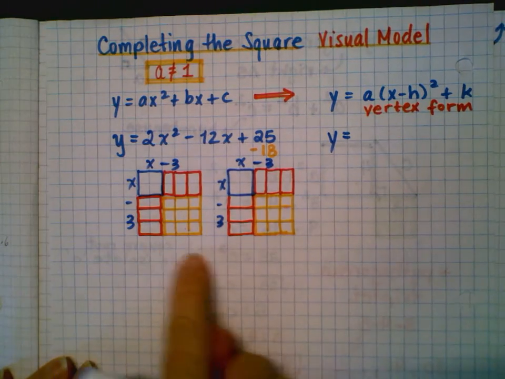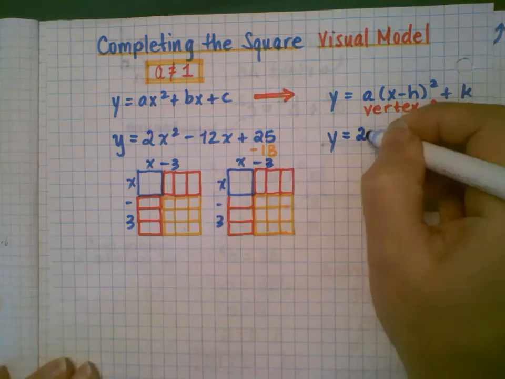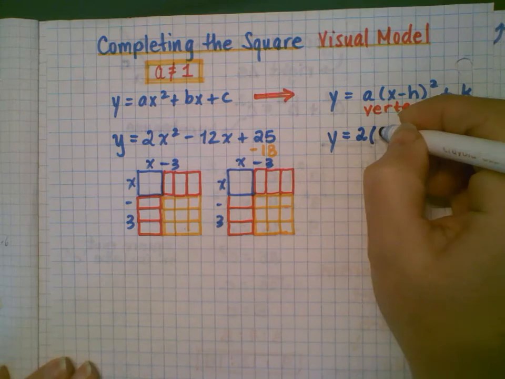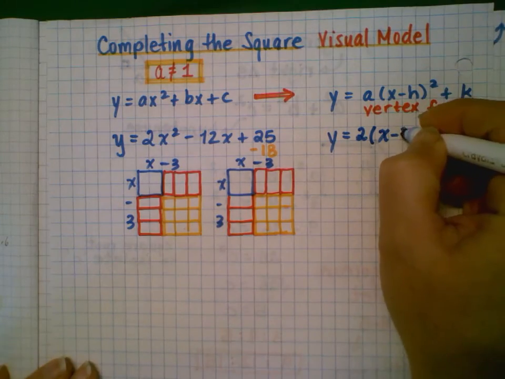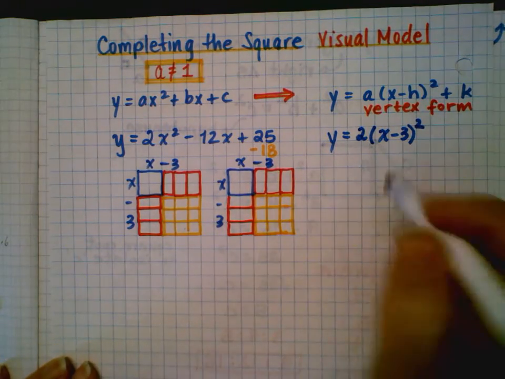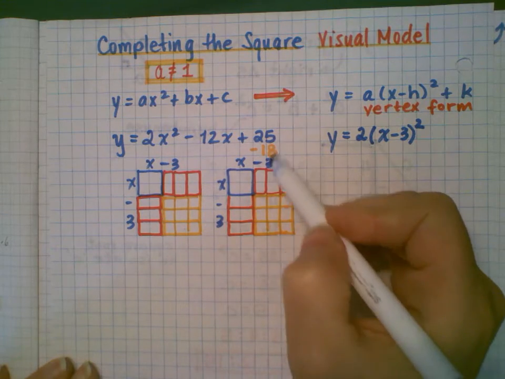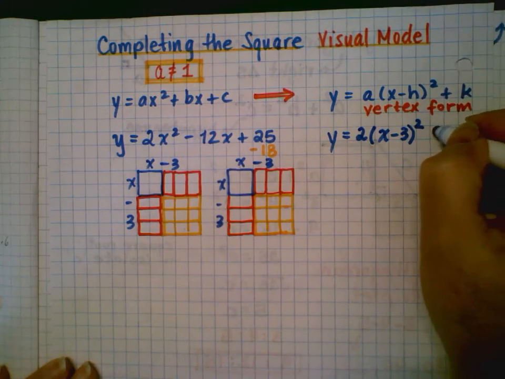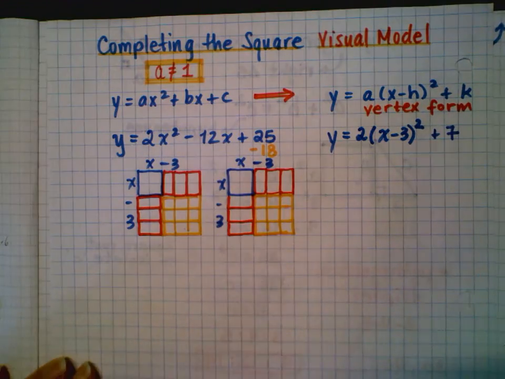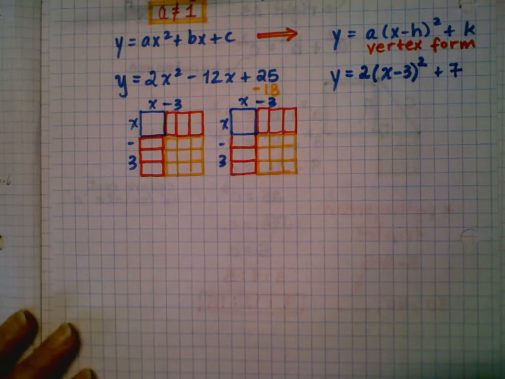So what I have in my model here is two squares of dimensions x minus 3. And then what's remaining of my constant term, after I've constructed those two things, was 7. So there's my vertex form of that equation.